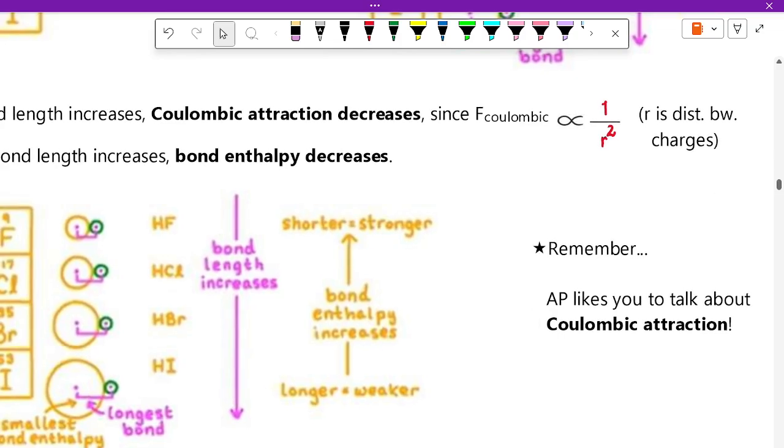So the shorter the bond, the stronger. The longer the bond, the weaker the bond. I'm going to put bond here because we don't want to confuse that with acid. If the bond is weaker, what does that tell you about the acid? The acid is stronger because it lets go of its hydrogen more easily.